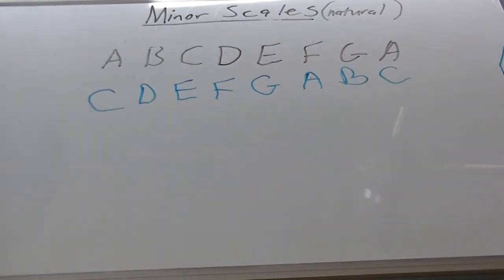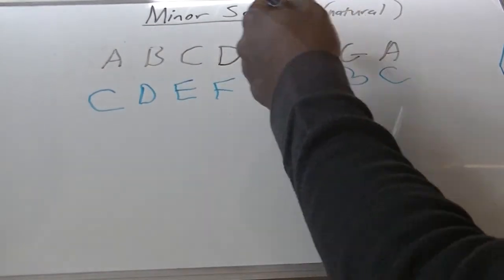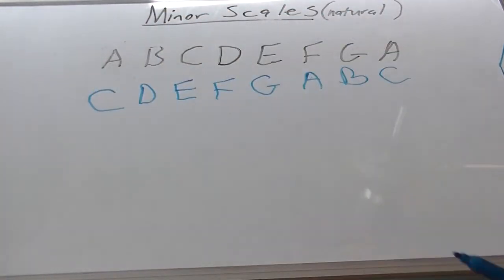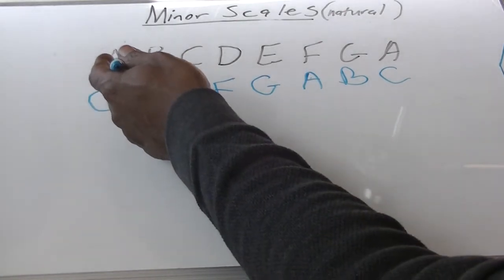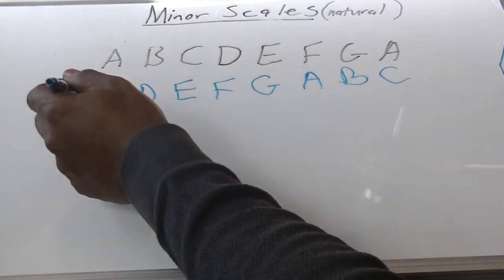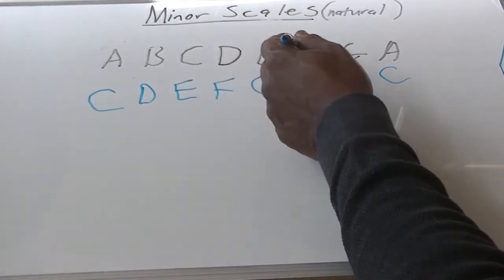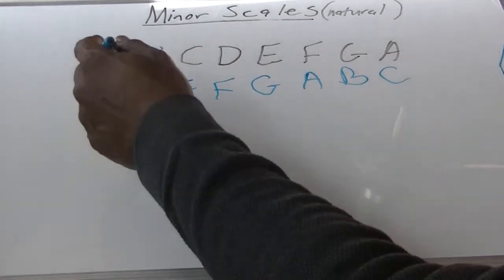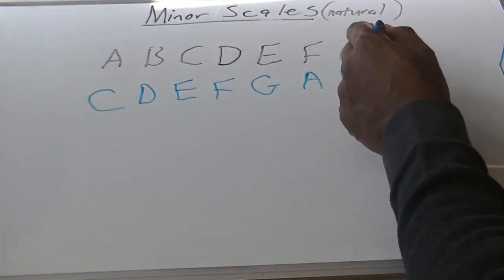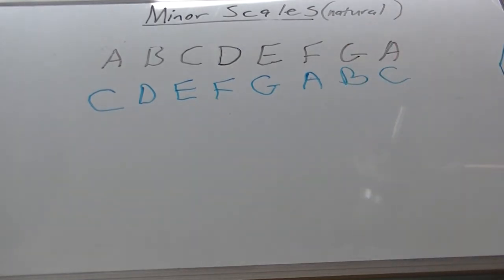If we look at these two scales, they both contain the same exact notes. The only difference is the note order. When we start on A here, it's sort of like picking up the scale from the C. So these two scales have exactly the same notes.